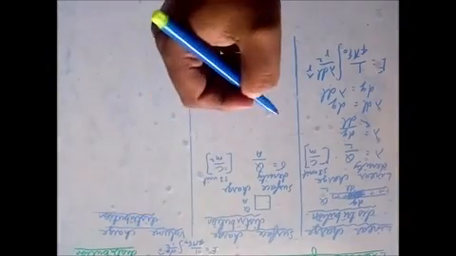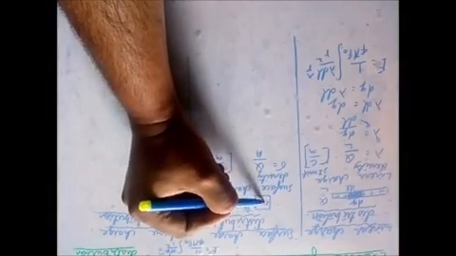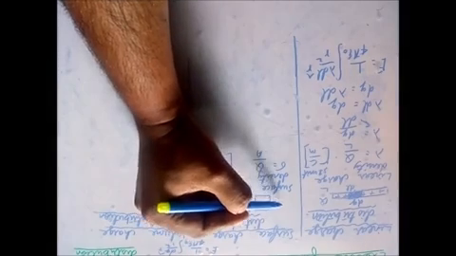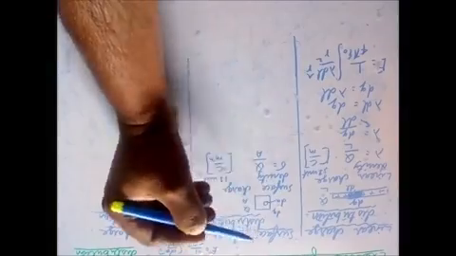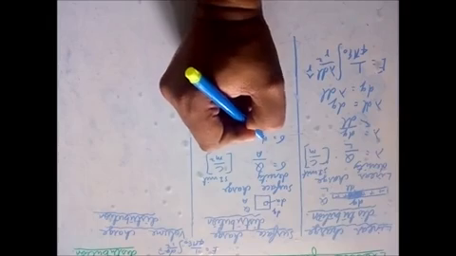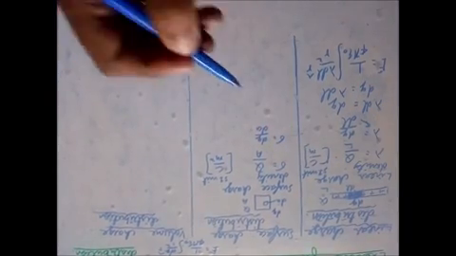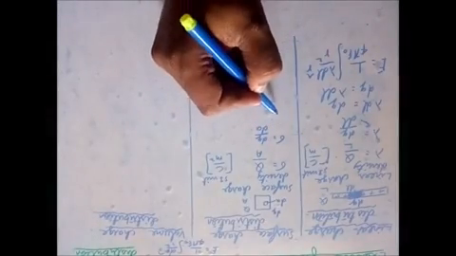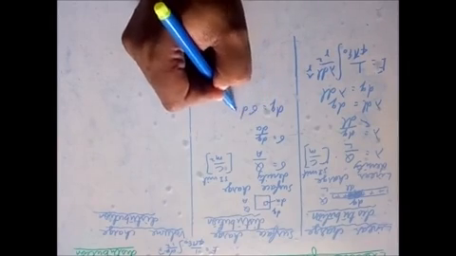Now let's see, we take a very small area here. The small area we write as dA, and the charge on this will be dq. In this case, the surface charge density will be dq by dA. Now cross multiply and rearrange, we get dq is equal to sigma times dA.